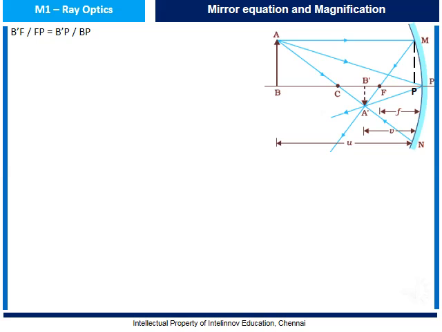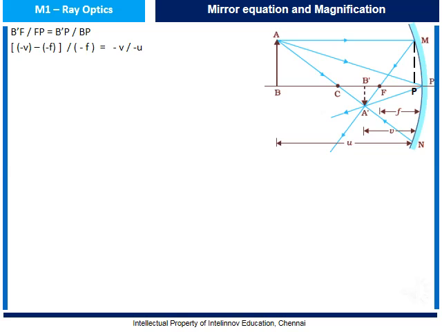However, B dash F is equal to B dash P minus FP. But B dash P is the image distance and FP is the focal length.